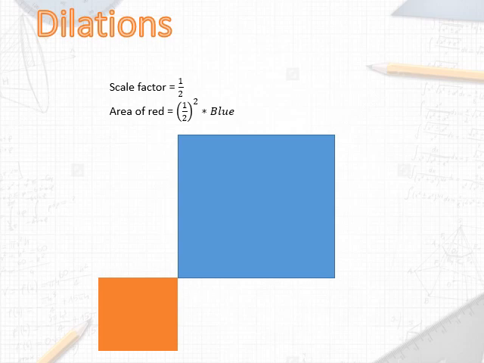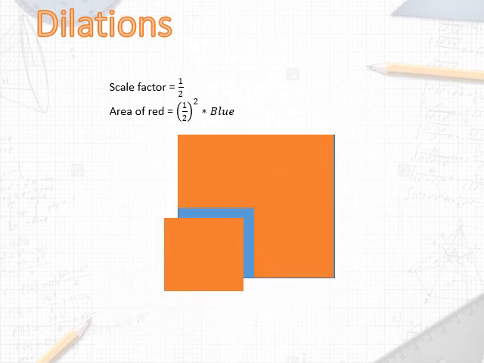Okay, so let's go back to our situation where the scale factor was a half. The blue square is the original. The red square is the image. Now we notice that the side lengths are half. If I move squares into position, each square side length is half of the blue one, but there are 4 of those squares in the actual blue square.